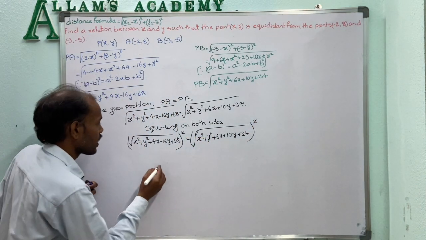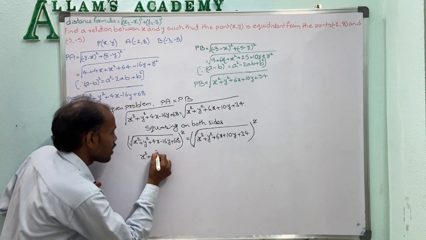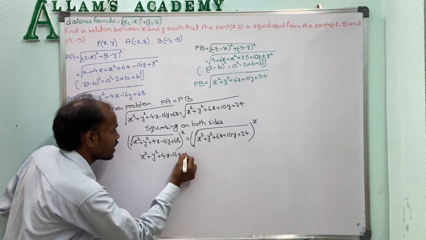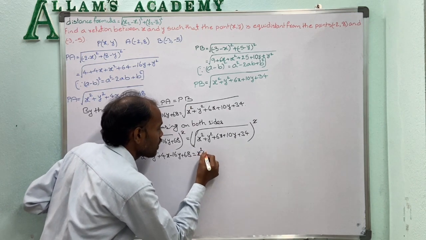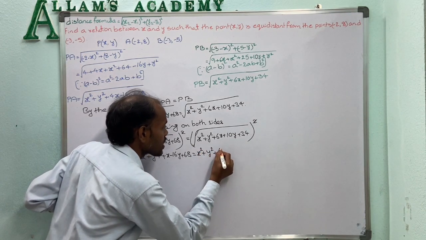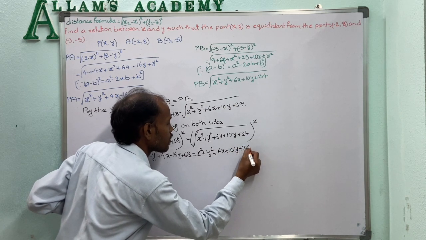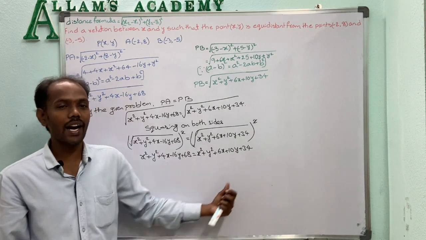That means here we get x square plus y square plus 4x minus 16y plus 68 is equal to x square plus y square plus 6x plus 10y plus 34. Now here these LHS values are transferring to RHS.